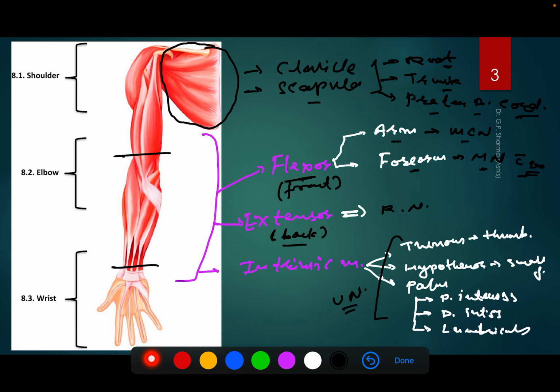And all the extensors, back side of your hand, that means arm, forearm, everything is supplied by radial nerve. And all the intrinsic muscles of the hand, intrinsic muscles means all the muscles present in the hand. Remember, hand means below the wrist. So these are all supplied by what? Ulnar nerve. So this is the general rule we made.